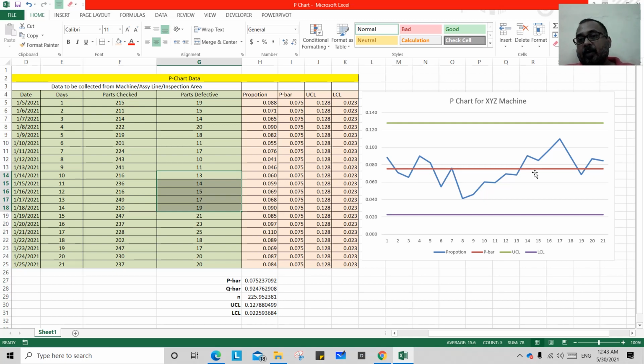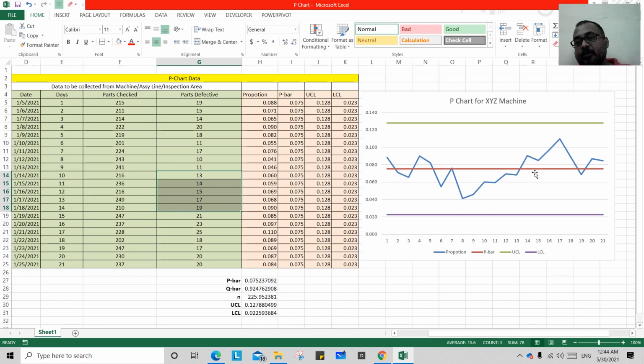So this was all about how to make a P chart and how to interpret it. By this chart you can see that attribute type machines can also be assessed for their stability, and from here you can go for the binomial test or the Poisson test for capability study of this machine.